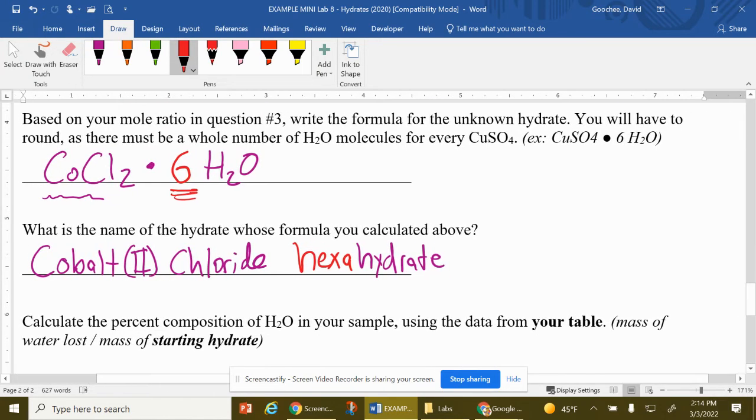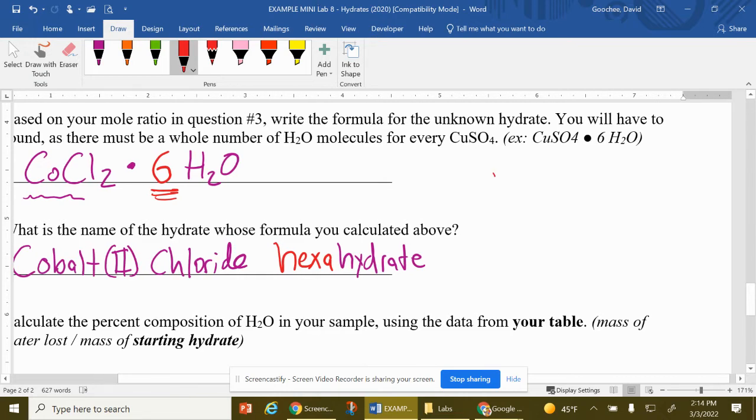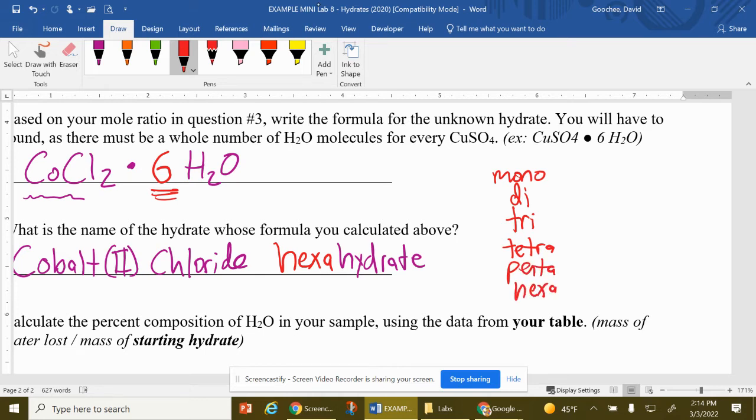Here are some prefixes to help you out: mono, di, tri, tetra, penta, hexa, hepta. These are the common prefixes.